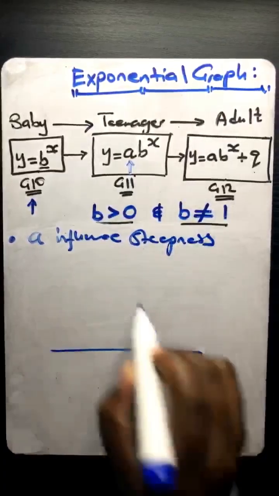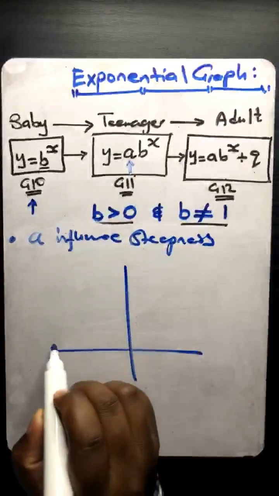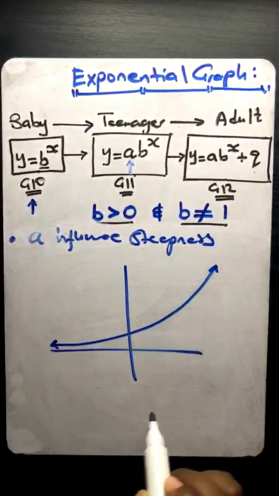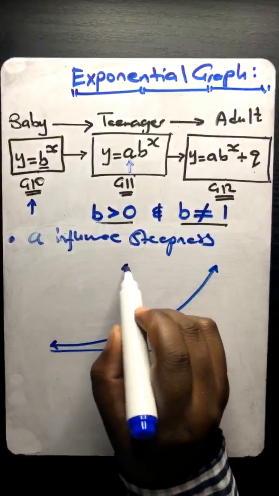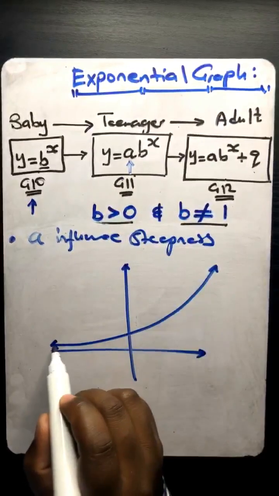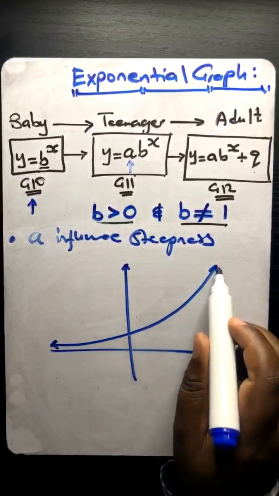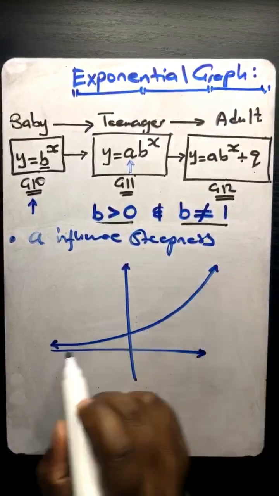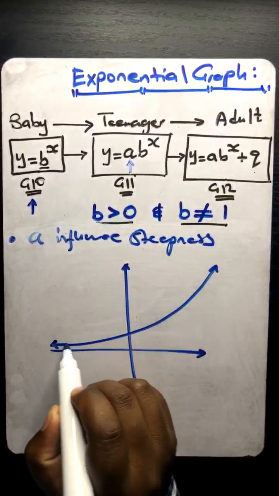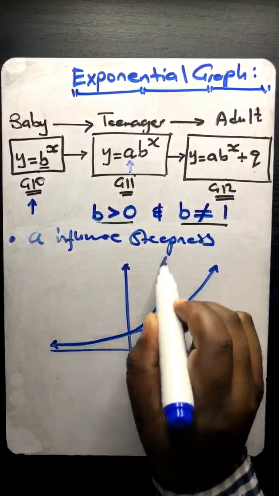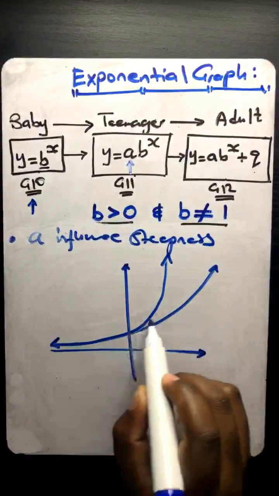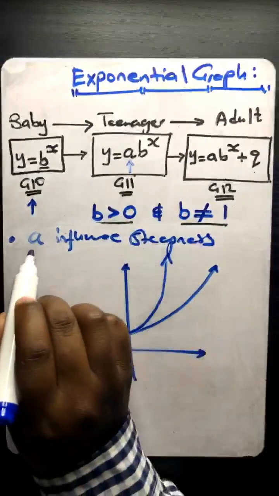For example, on a Cartesian plane, if you have this type of function, is it increasing or decreasing? It's an increasing function, so it has this slope. But for a function not to have that type of slope, sometimes it could look like that, for example. The question is, what makes it turn and take that direction? It's because of this A value.